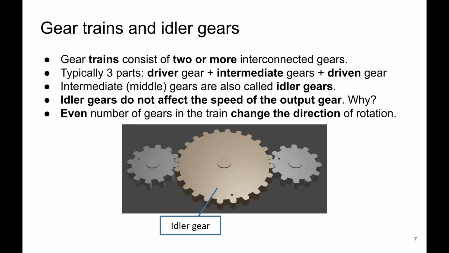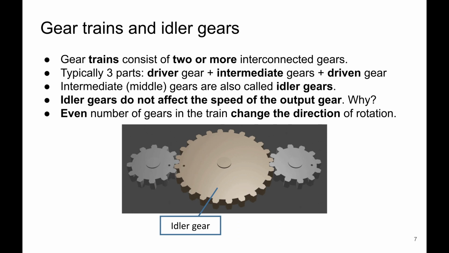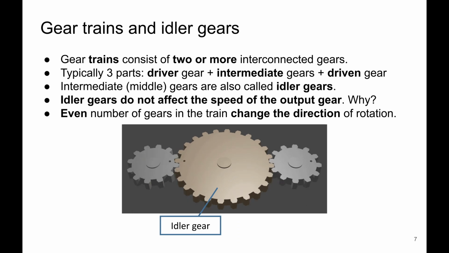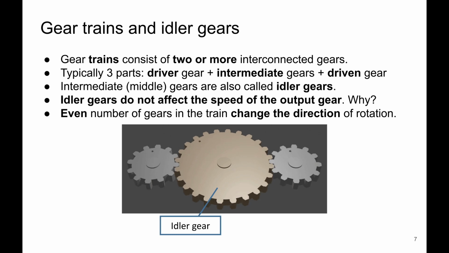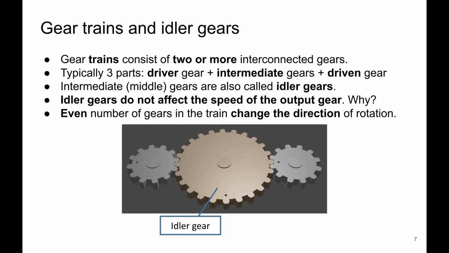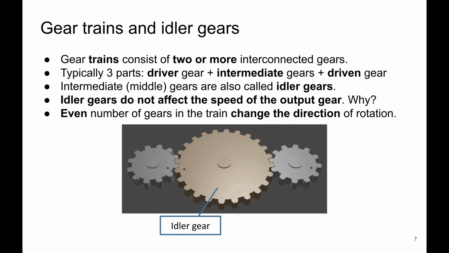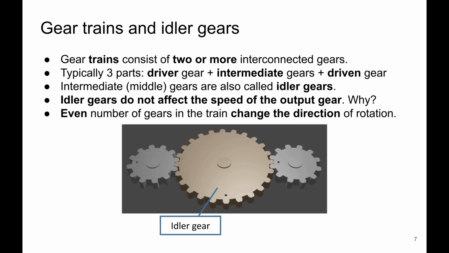Whereas in this case, we have an odd number of gears, and you'll see that the driver and the driven actually turn in the same anti-clockwise direction. So as a result, an even number of gears in the train changes the direction of rotation of the driven gear compared to the driver. Odd numbers maintain the same direction of rotation between the driver and the driven gears.